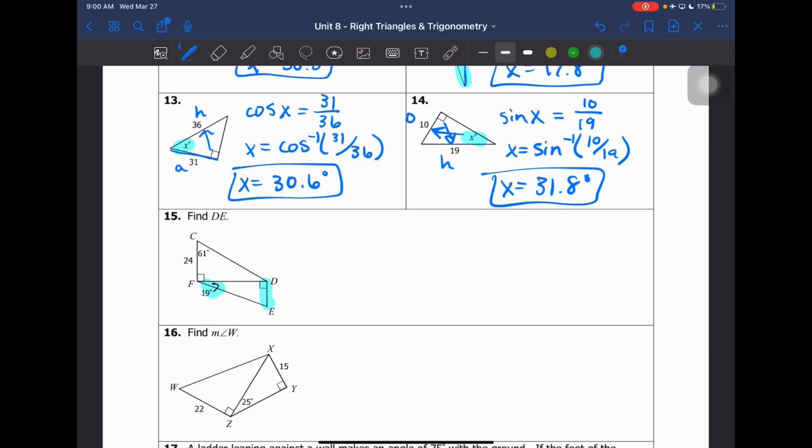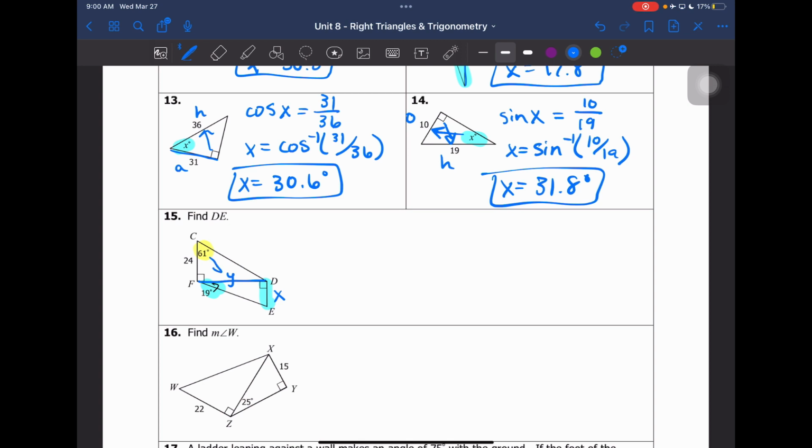So it might be helpful if we knew what this side length was, because then we could use that and the 19 degrees to figure out what DE is. I'm going to call this X. The side in the middle, I can call that Y, and then use the 61 degrees and the 24 to find out what Y is.